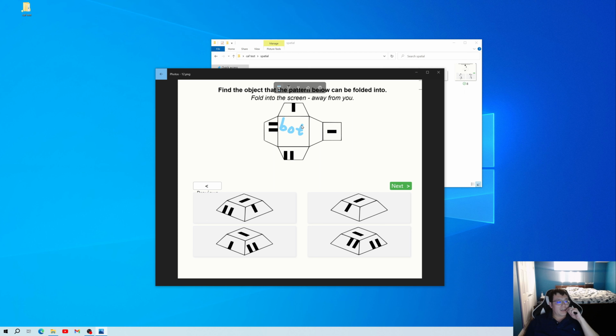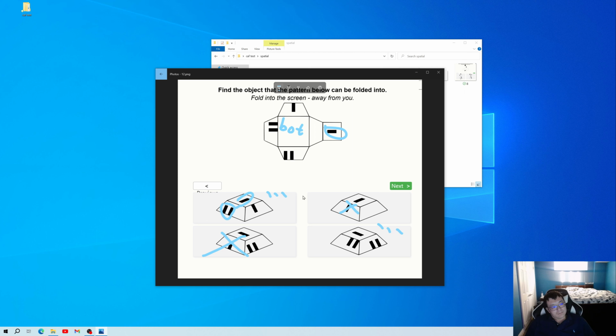We have two vertical lines attaching to the bottom and one vertical line attaching to the top. Okay, so we will never have one vertical line attaching to the bottom. This is not even possible here. Okay, and also the two lines attaching to the bottom will be parallel to the top line. Okay, so if we have two lines attaching to the bottom, the top one will be parallel to it.